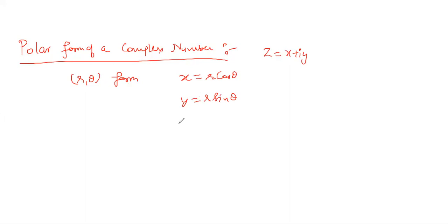X is r cos theta, y is r sin theta, and r is the square root of x square plus y square, and theta we know is tan inverse y by x, and the actual value of theta is decided according to the quadrant in which it lies, but roughly it is calculated from tan inverse y by x. So this r is basically mod of z, the modulus of a complex number.